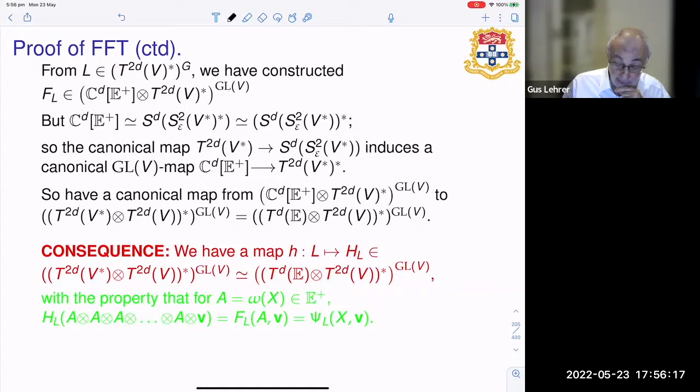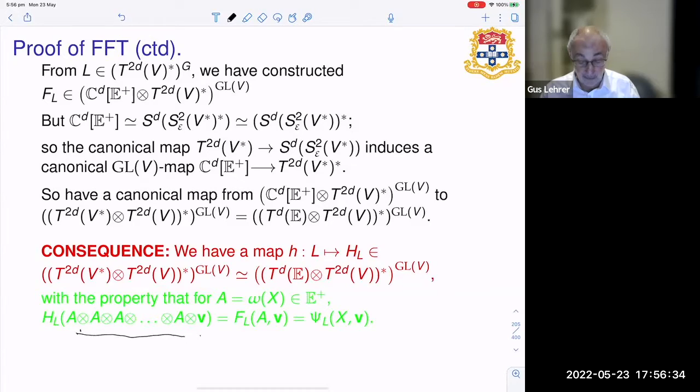And this map has the property that if A happens to be equal to omega X, then HL of big tensor product of A's and V is equal to FL of AB, which is equal to psi L of XV.